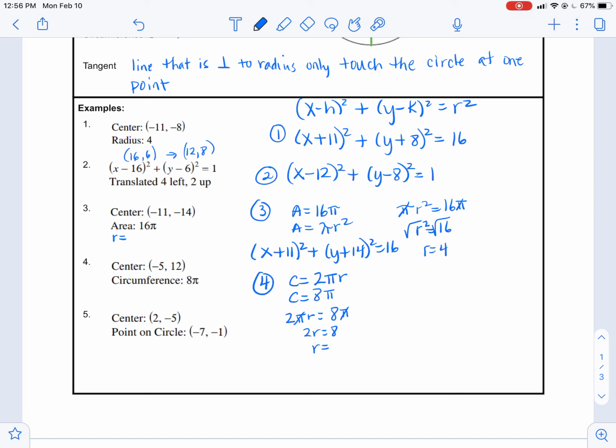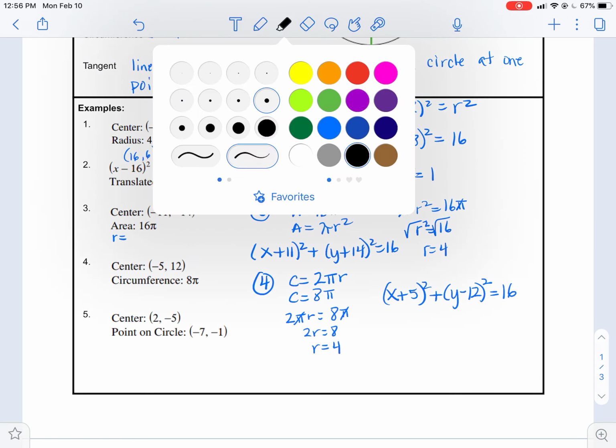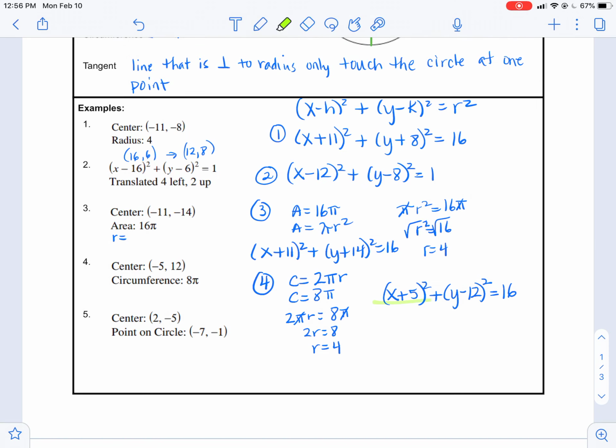So r equals 4. So now again, I can write my equation. So x plus 5 squared plus y minus 12 squared equals radius squared, which is 16. Okay.